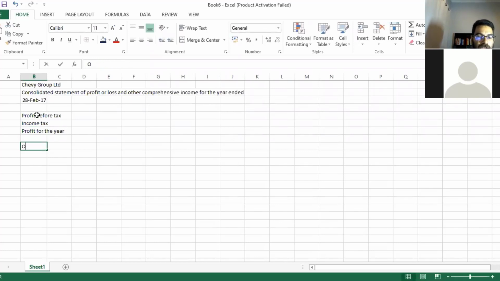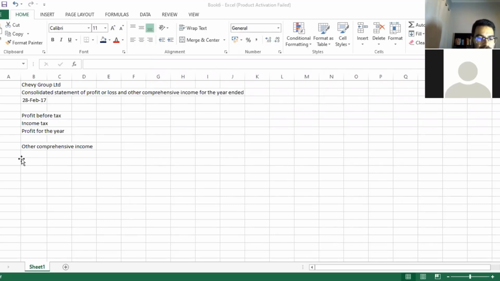Then we will have other comprehensive income. And we saw the thing that was there was gain on property. Let us see again. It was that gain on property valuation. So that was there.